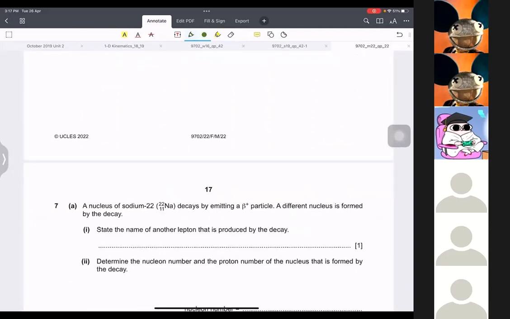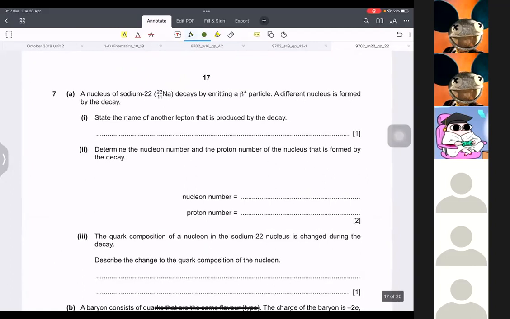Now, state the name of another lepton that is produced by beta positive decay. Electron neutrino, right? These are easiest. Given the nucleon number and proton number, find the nucleus that is formed by this decay. Sodium 22 decays forming something plus beta positive plus electron neutrino.